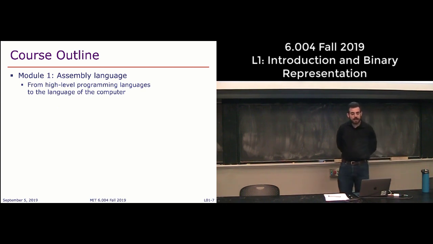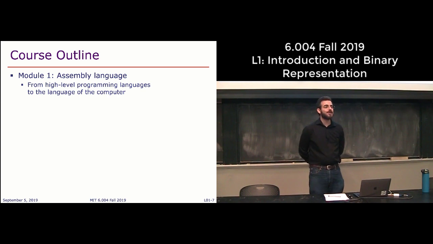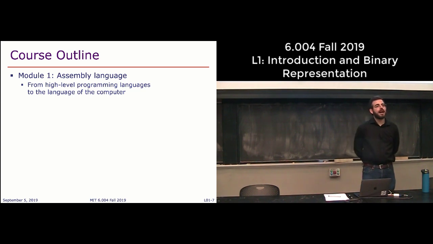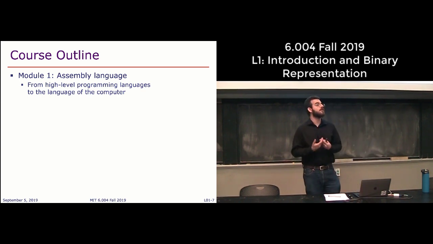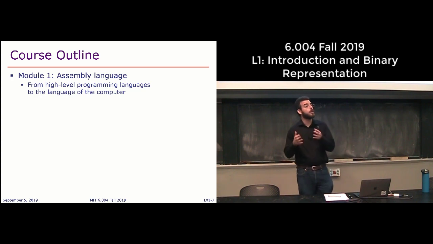Okay, so in this course, interfaces are so important that we're going to start with one of them. We're going to start by studying assembly language and looking at what assembly language is. This is the language of general purpose computers, general purpose processors, where you have a processor that's executing a sequence of instructions, each of which performs a simple operation.